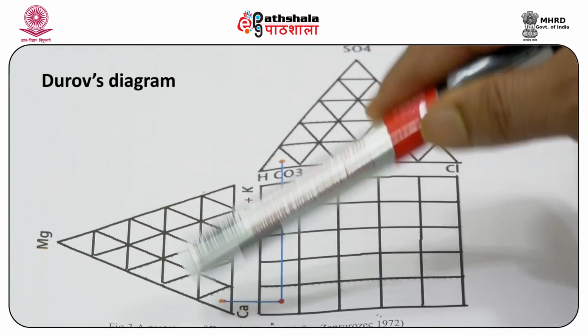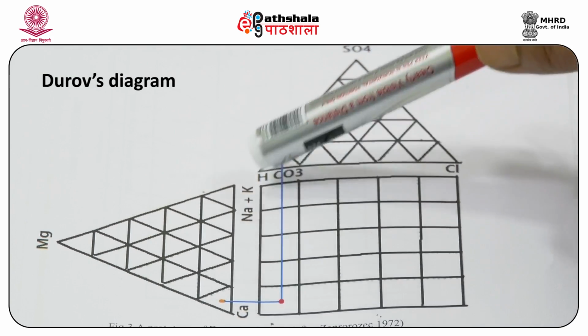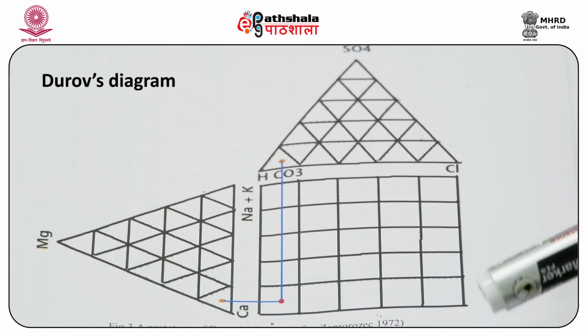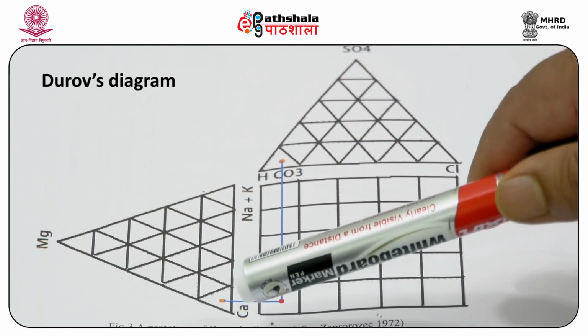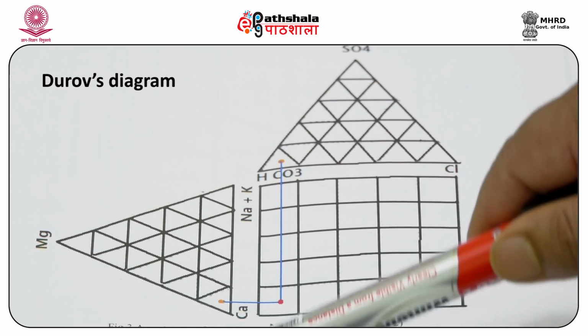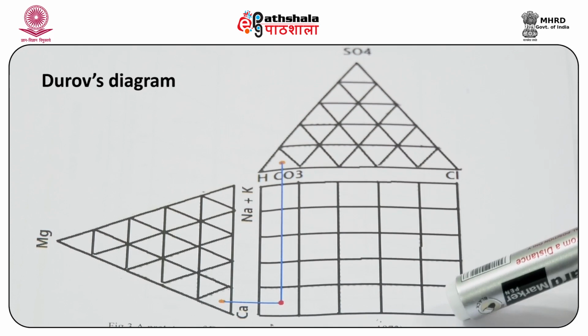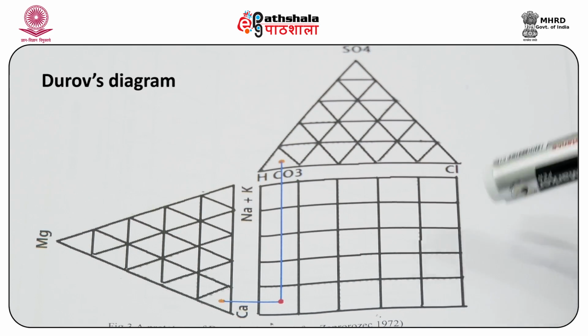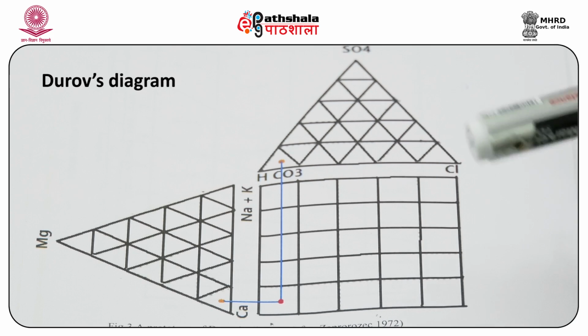So you have 2 points here, and then you project them to a central field. The advantage which Durrells gave was the extended Durrells, which is not shown here, that you can extend this particular square in two directions and then plot two more parameters to give a better holistic view.